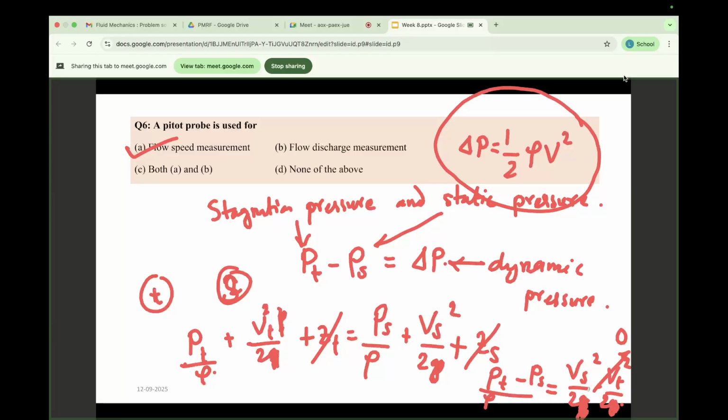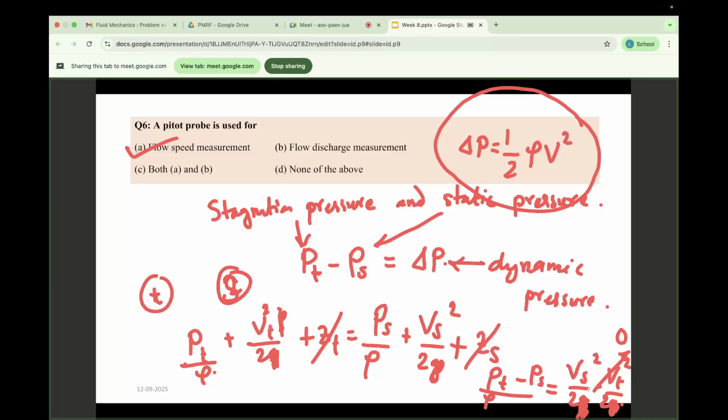In some questions it may be asked whether it only gives velocity. If a device is giving you velocity, that means it is also giving you volumetric flow rate, because we know that Q is equal to A into V. The area of the tube we know, and velocity you can find out from this tube. So indirectly it is helping us to find Q, right?